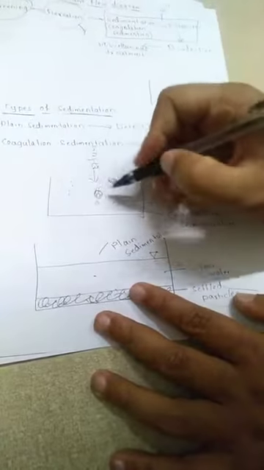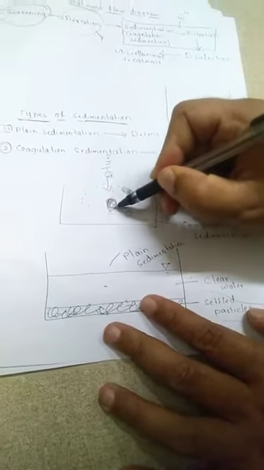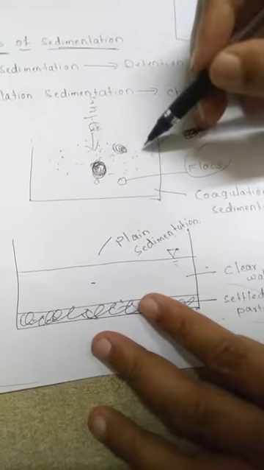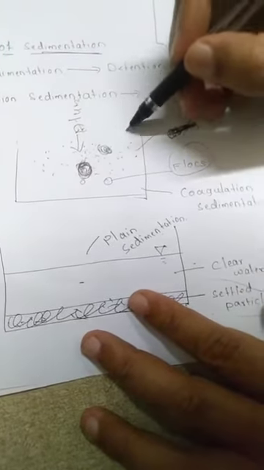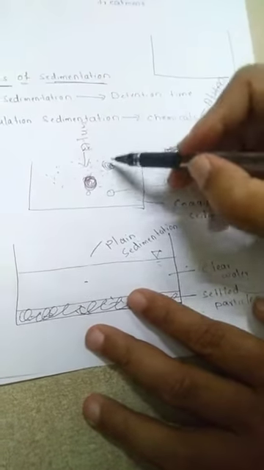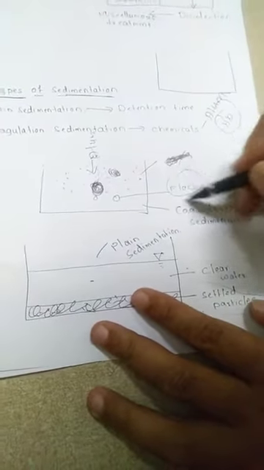They form a ball like structure. We call it a floc. Remember, we call it a floc. The suspended particles, after adding the chemicals, interact with each other since they are oppositely charged, and they come closer together and form the ball like structure.